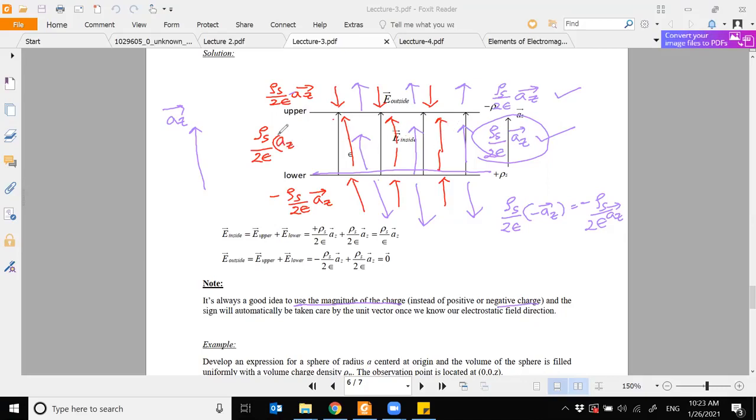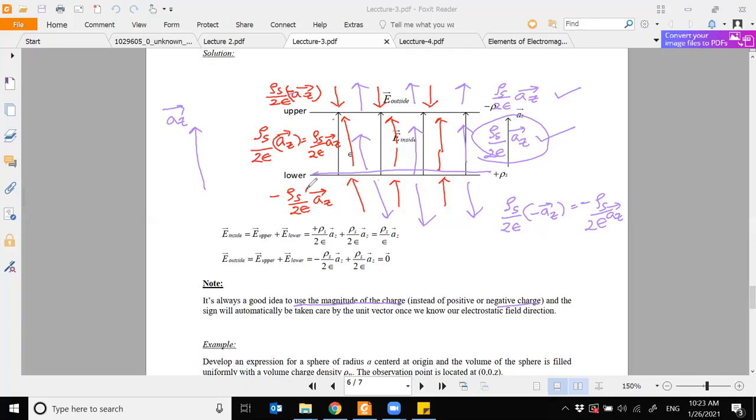So it is Az, so it is rho S over 2 epsilon times Az. Now here, the arrows are going down, so the unit vector will be minus Az.